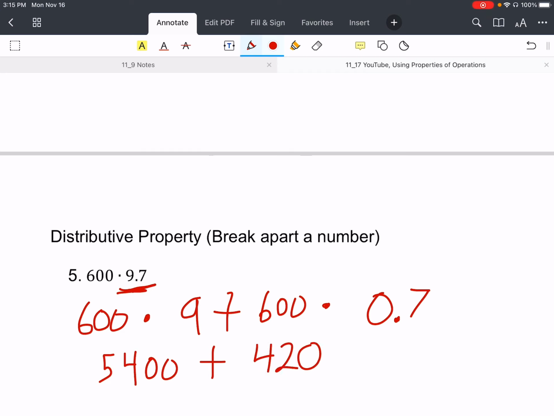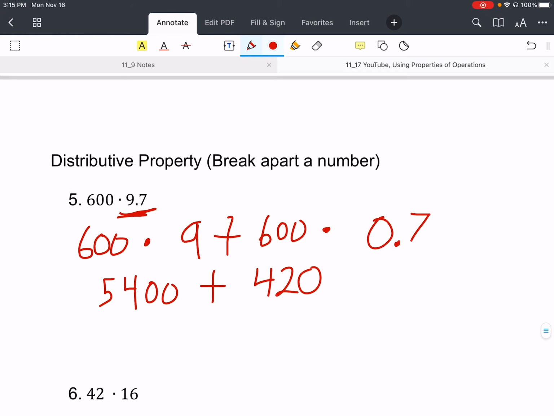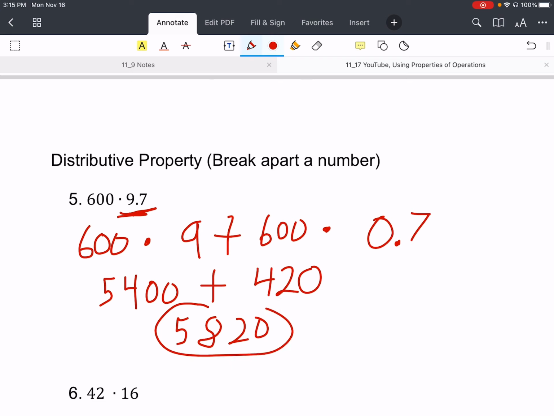I'm going to add my 0, and we have a decimal point here, so we're not going to add another one. And 5,400 plus 420 is 5,820. So the distributive property allowed me to take a somewhat complicated multiplication problem, break it apart into two easier ones, and I just combined the answer.